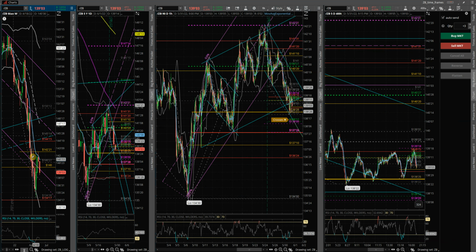And if this holds and we get five waves down, the fact that this green up move is trading as a lows to lows extension off of this wave makes me think that this is a wave 1 to 4 relationship, which puts this whole structure in a different light. This doesn't look like a fifth wave by itself. It now looks like the third wave of the fifth wave. And this is really a 1, 2, 3, 4 into the lows to lows extension, and then a 5 down.